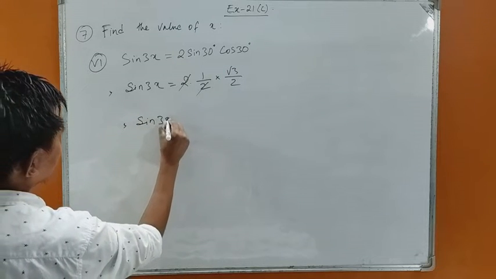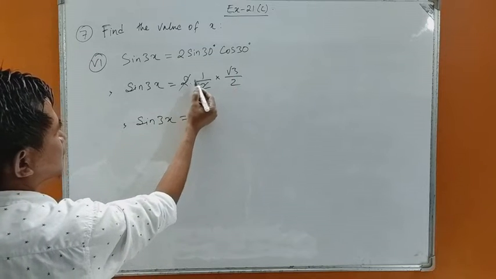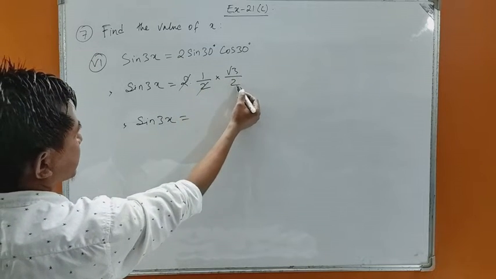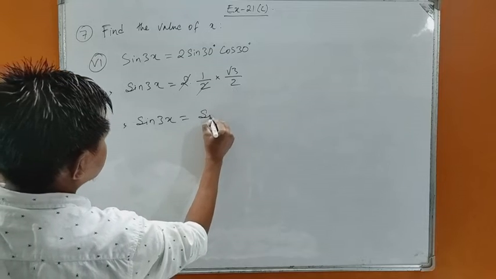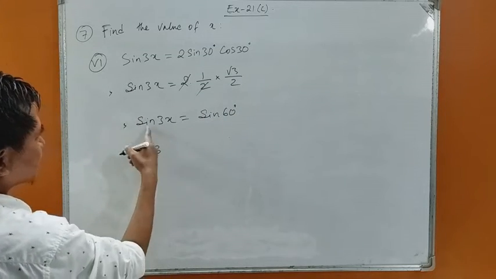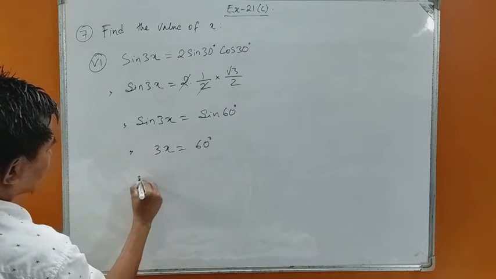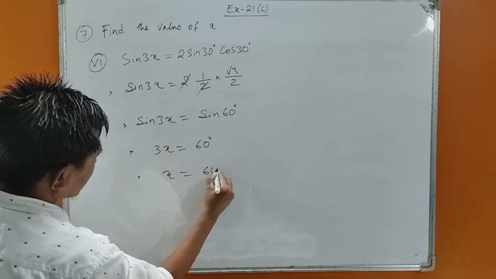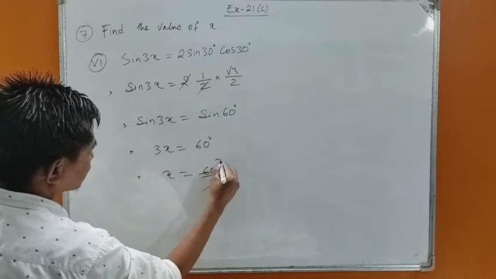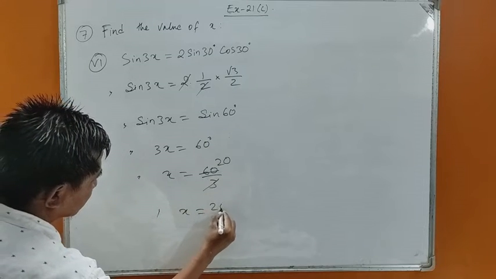Sin 3x equals root 3 by 2. 1 into root 3 is root 3, root 3 by 2. Root 3 by 2 means sin 60 degrees, or 3x, leaving sin from both sides, 3x equals 60 degrees, or x equals 60 upon 3. 3 1s are 3, 3 2s are 6, 0 is 0, or x equals 20 degrees.